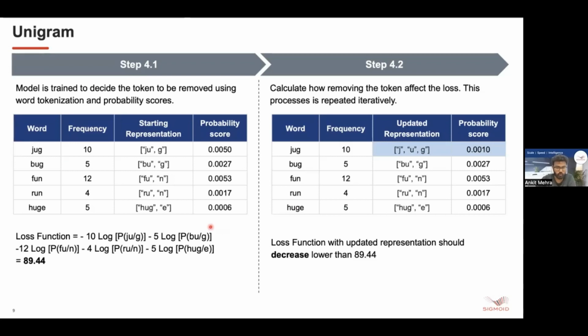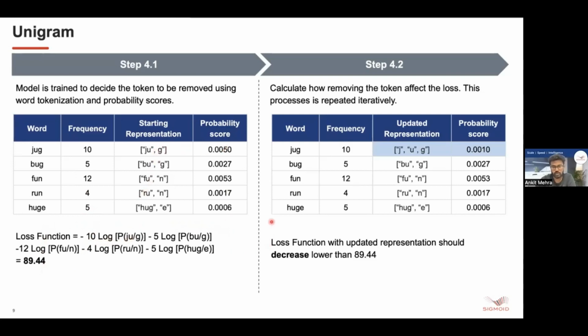After this point, we calculate the loss function. The loss function is the multiplication of frequency with the negative log probability values. For example, for jug, it is 10 multiplied by the negative log of the probability of jug.